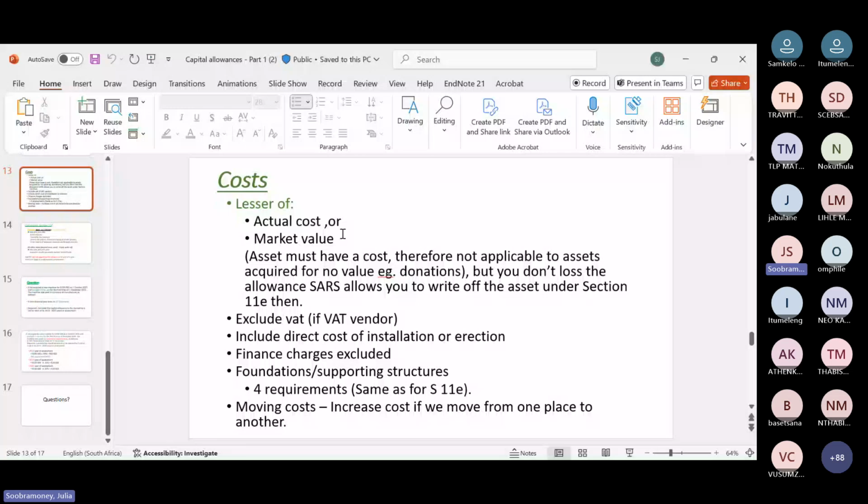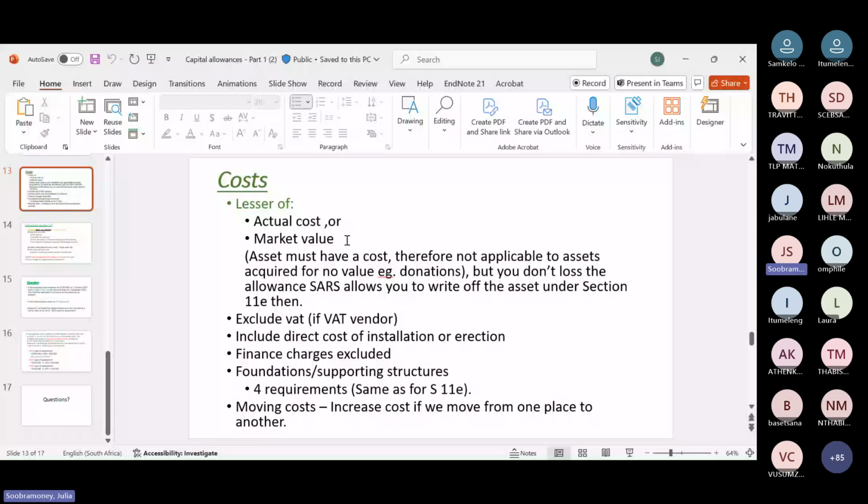Then there's another rule that steps forward and it says, according to this section, there has to be a cost price. If there's no cost price, you're not allowed to use section 12C. So for example, let's say I tell you in the question that an asset was donated to your company.